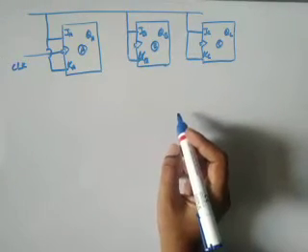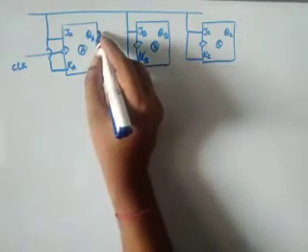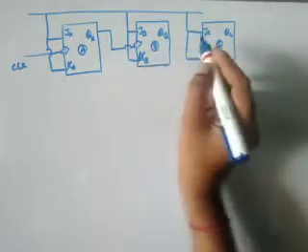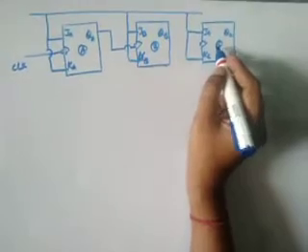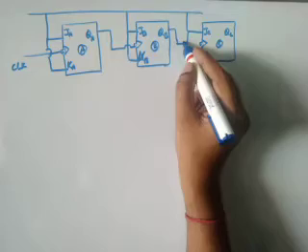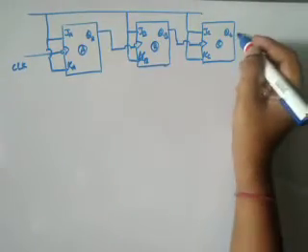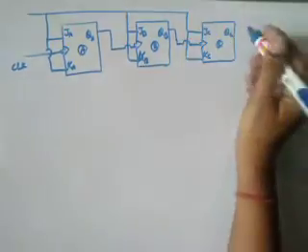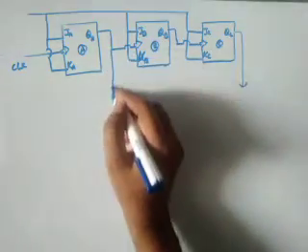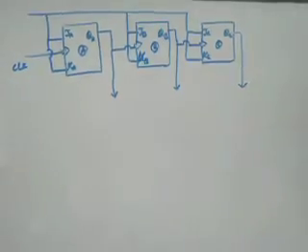Next, what about the clock pulse for the second flip-flop? That will come from the output of the first flip-flop, as we have seen previously. Similarly, for the third flip-flop it will come from the output of the second flip-flop, given as negative edge triggering. This is our last flip-flop, QC.